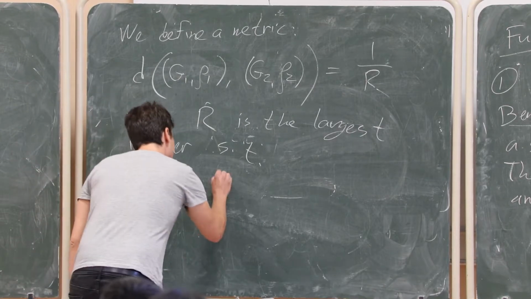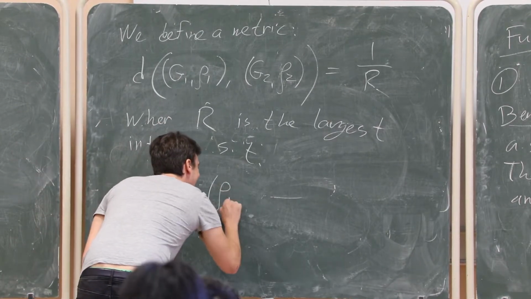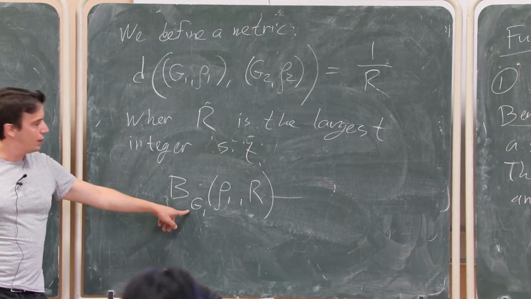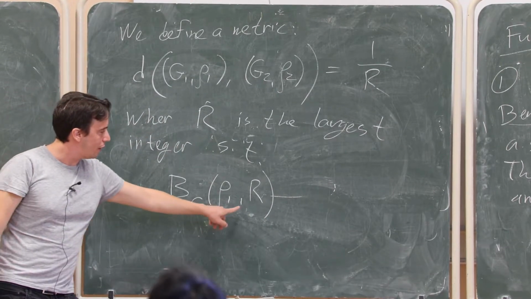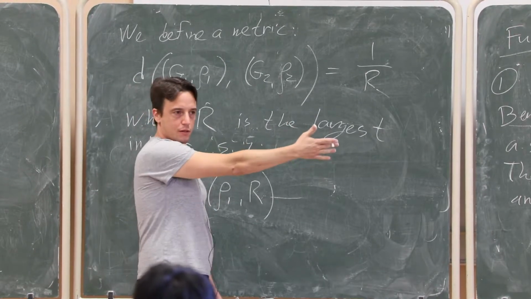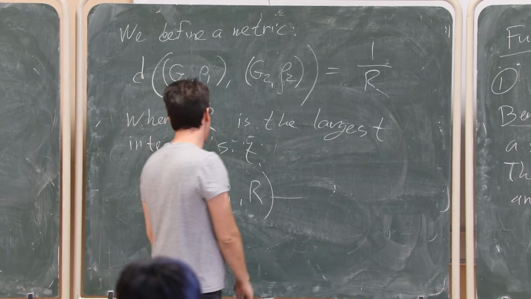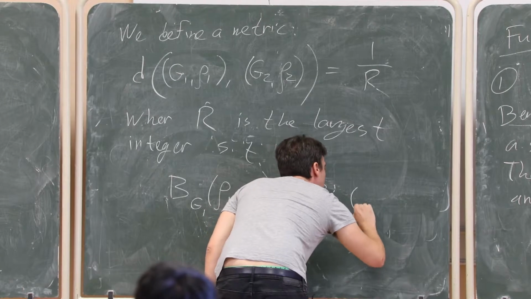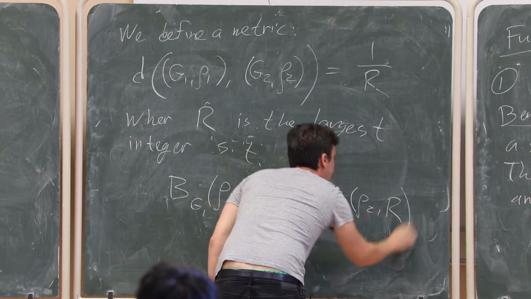So it should be clear by the context. The ball in graph distance, so that's why I'm putting the graph here around rho 1 in R, is equivalent, as there's a rooted graph automorphism, to the ball in G2 around rho 2 of R.